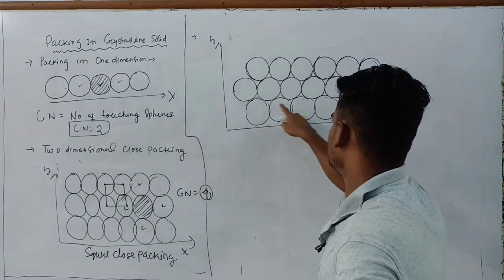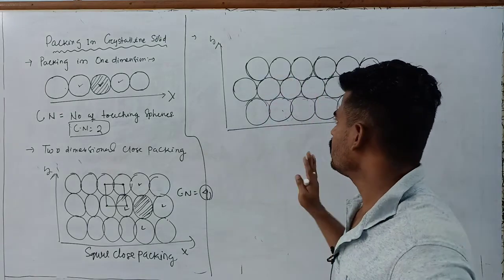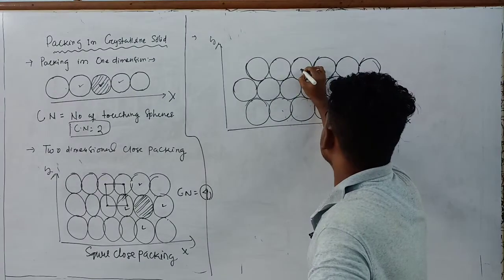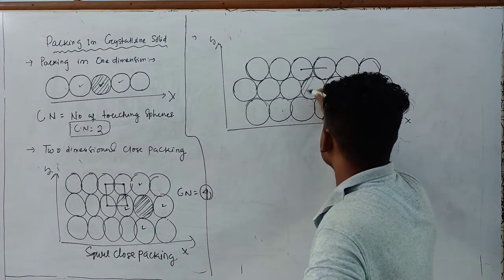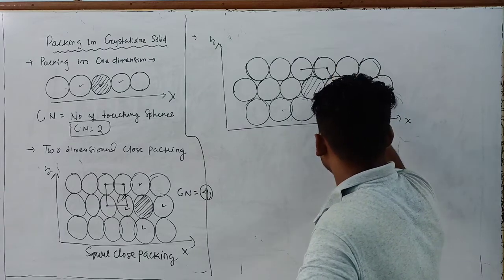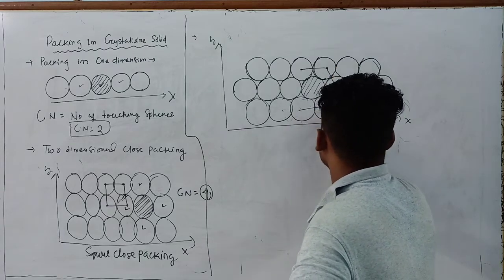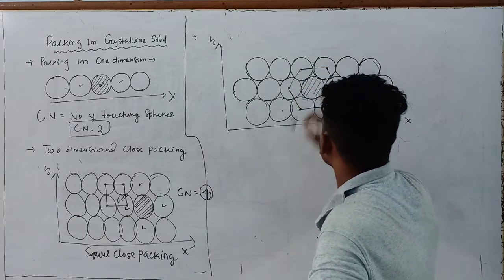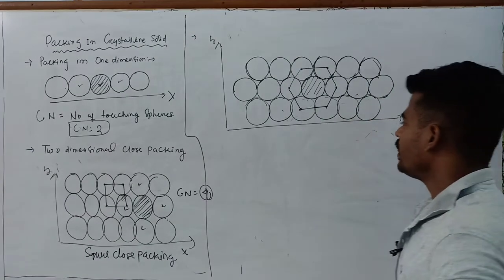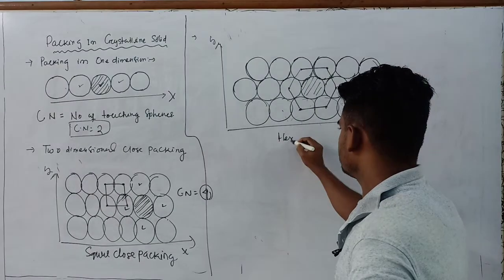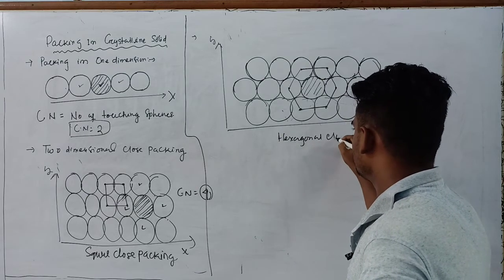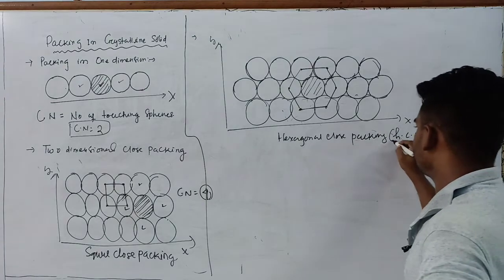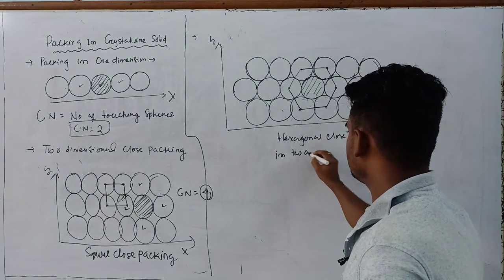If I join the centers of the other spheres around this one sphere, you see, that is a hexagon. So this is called hexagonal closed packing. It is HCP, hexagonal closed packing in 2 dimension.